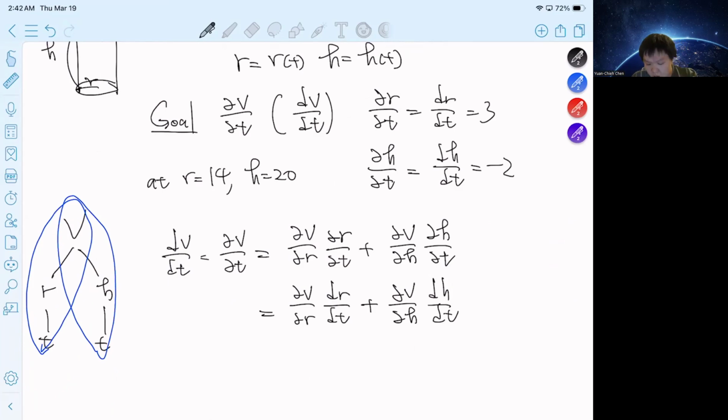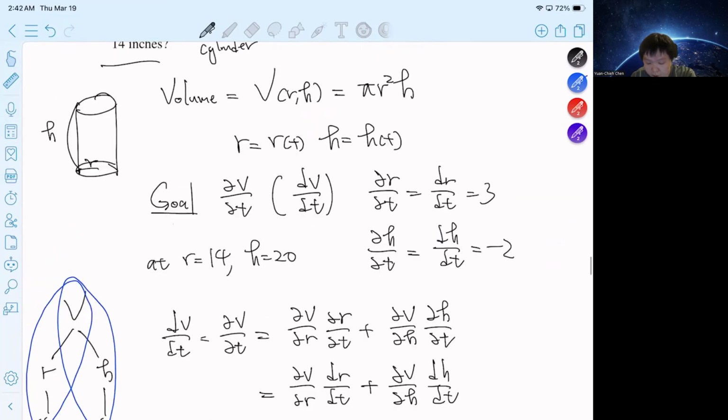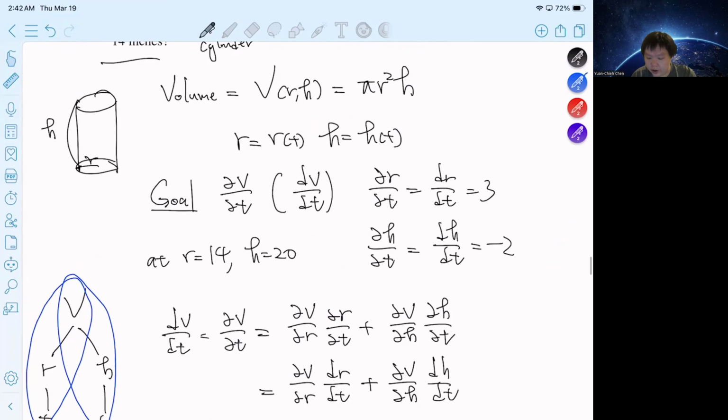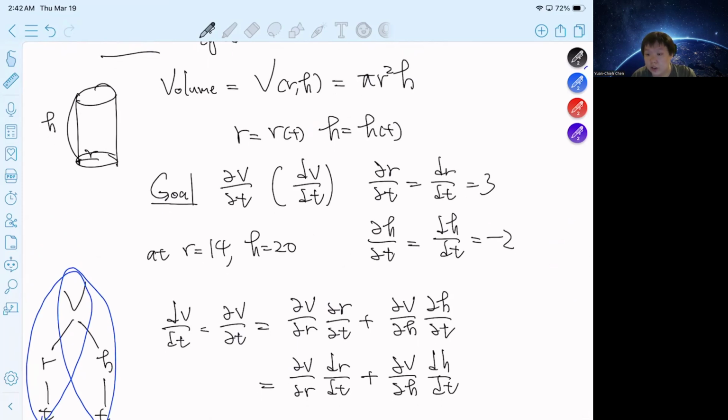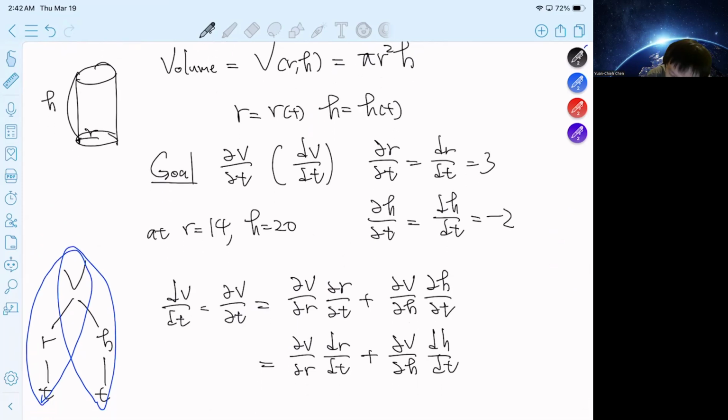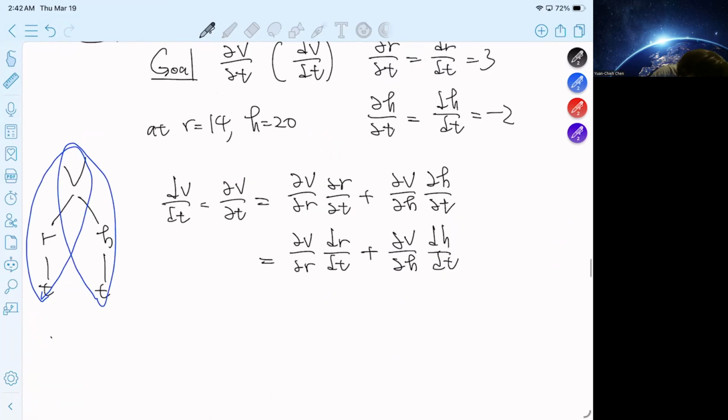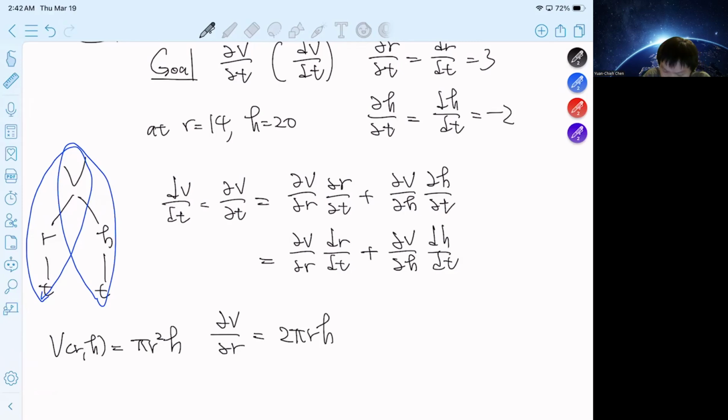So partial V, partial R, it's just a regular partial derivative, right? Recall that V of R, H is pi R squared H. So partial V, partial R is just the partial derivative, so it'll be 2 pi RH.